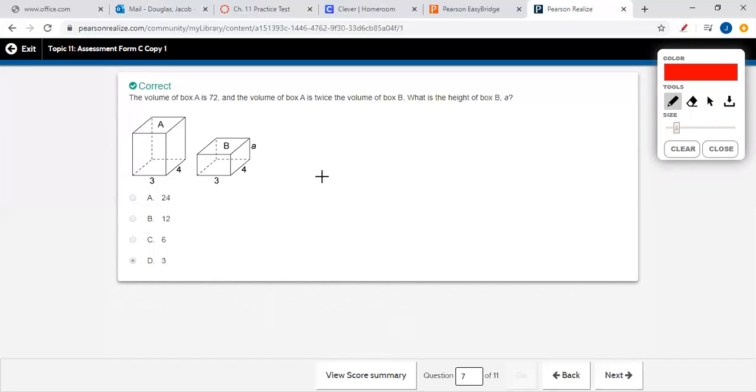So remember, how do you find the volume of a cube or a box or a rectangular prism? It's all the same. The volume is length times width times height. So if I know that, I can just start plugging these in. And I know that the volume is 72.